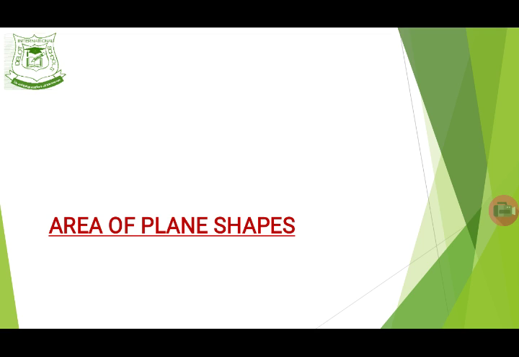For the past week now, last week and then into this week, we've been talking about plane shapes. Two weeks ago, we started with the geometry of plane shapes. Then we came into the perimeter of plane shapes. And then we are now on the area of plane shapes.